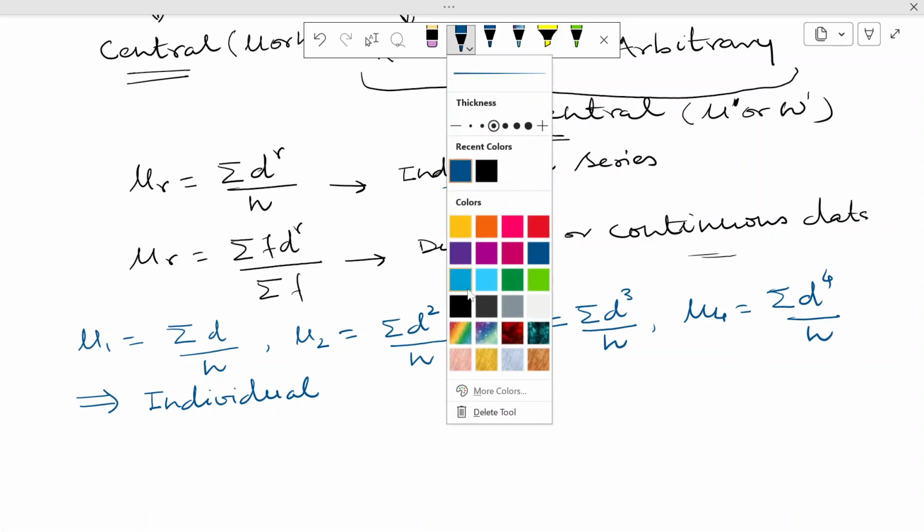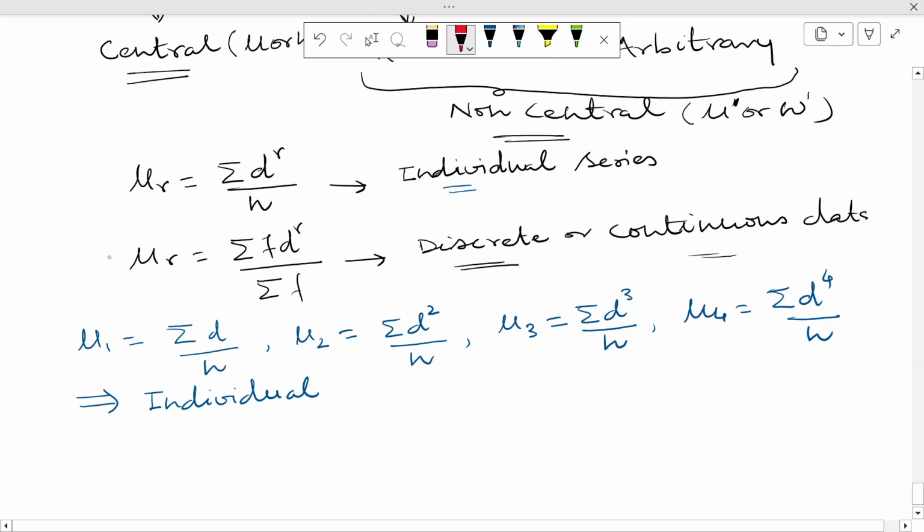Now similarly we have the formula for the second case, meaning in the case of discrete or continuous data.